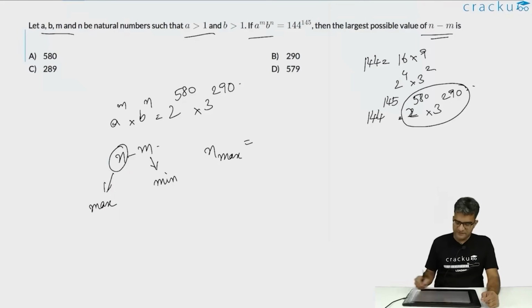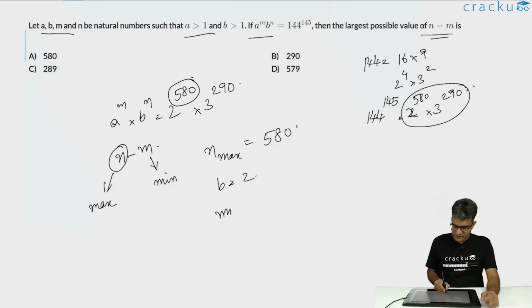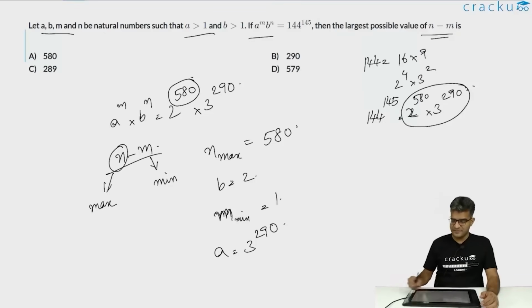The maximum value of n is 580. This will happen when b is 2. And what is the minimum value of m? The minimum value of m will be equal to 1, and this will happen when a is equal to 3 to the power 290. Therefore, the maximum value of n minus m will be 580 minus 1, which is equal to 579.